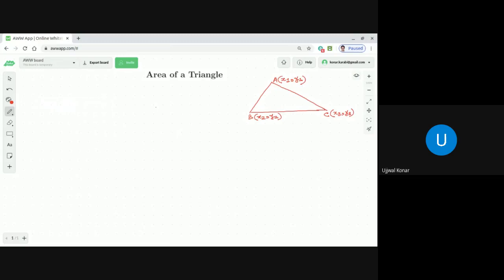Okay. So keeping this in perspective, the area of a triangle is the value of a determinant, something like this.